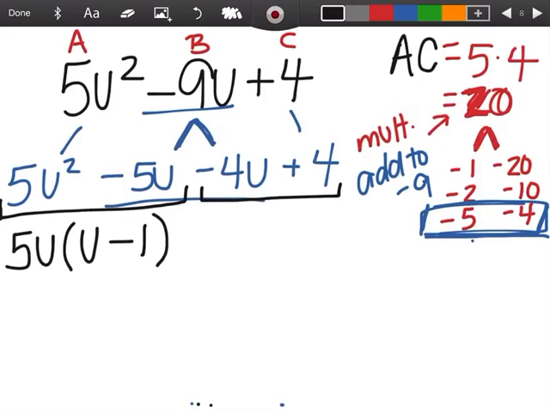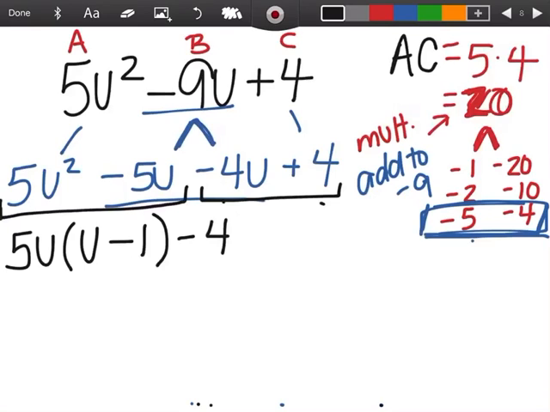Now, here's the thing about factoring by grouping. What's in the parentheses has to match exactly. So what's in the parentheses has to be u minus 1. And right now I have a negative 4u and a positive 4. And I want those signs to flip. So not only am I going to recognize that 4 is the greatest common factor, but I'm going to recognize that I can factor out a negative 4.